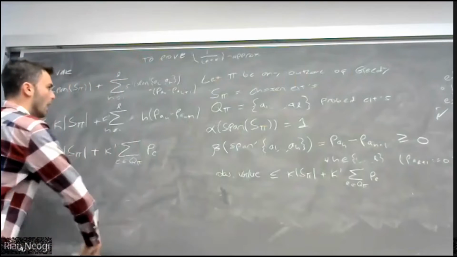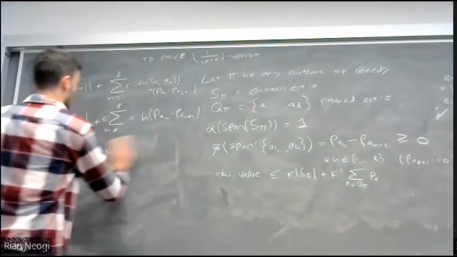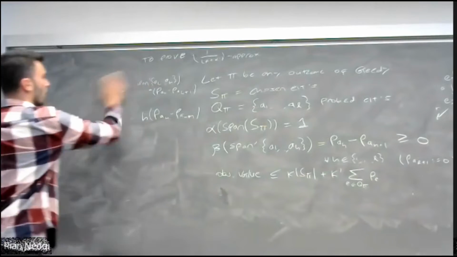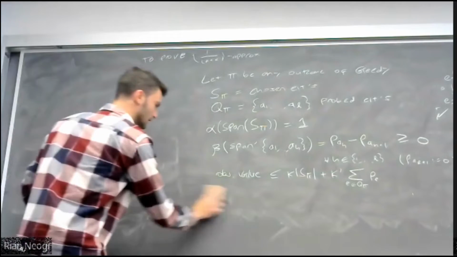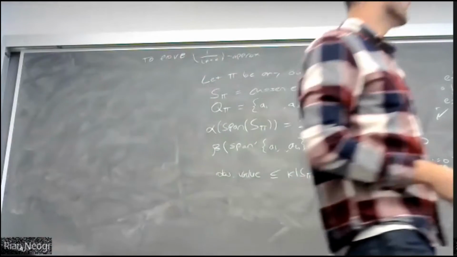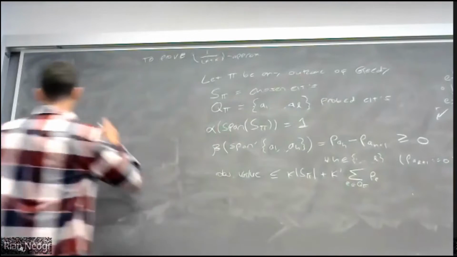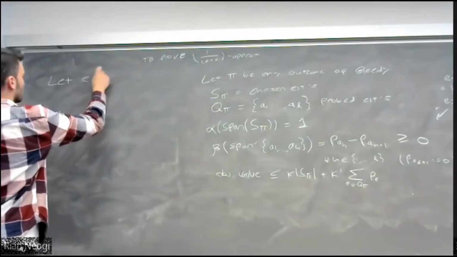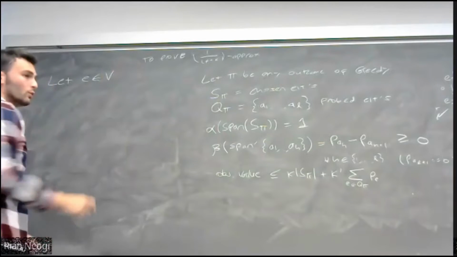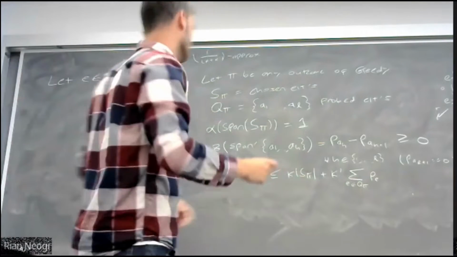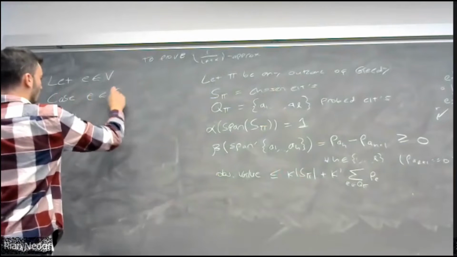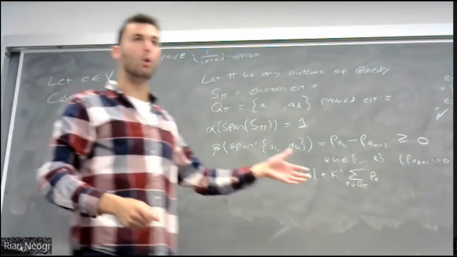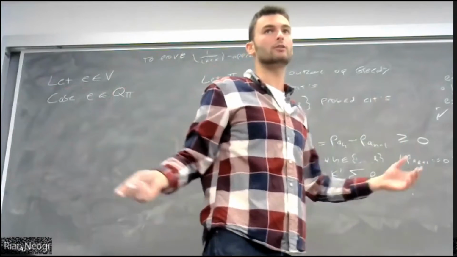All right, let's check feasibility. We have this constraint for every element, so let E be an element, and we're going to consider 3 cases. The first case is that E was probed at some point in this outcome of the greedy algorithm.